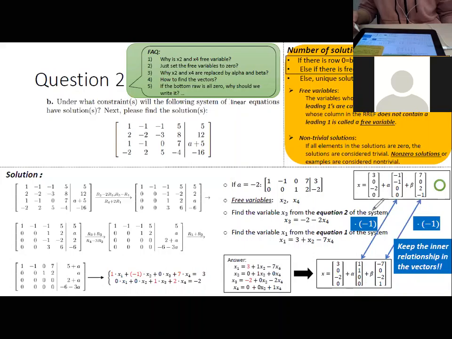Keep the inner relationship in the vectors. Let's say you can see 7 and 2 are both negative. So here, that means they have the same sign. Both of them are negative. And after times -1, both of them are positive.